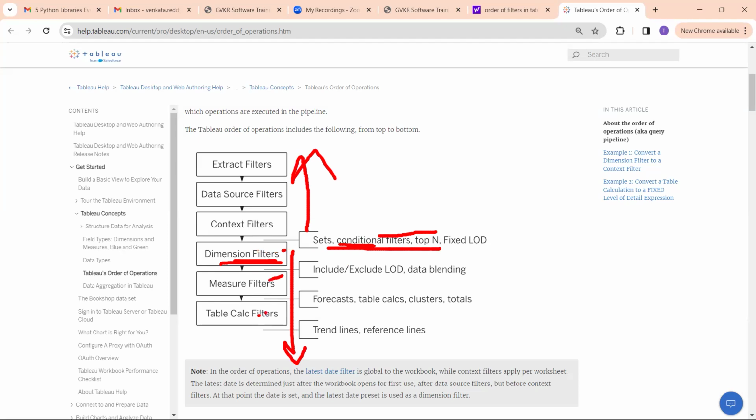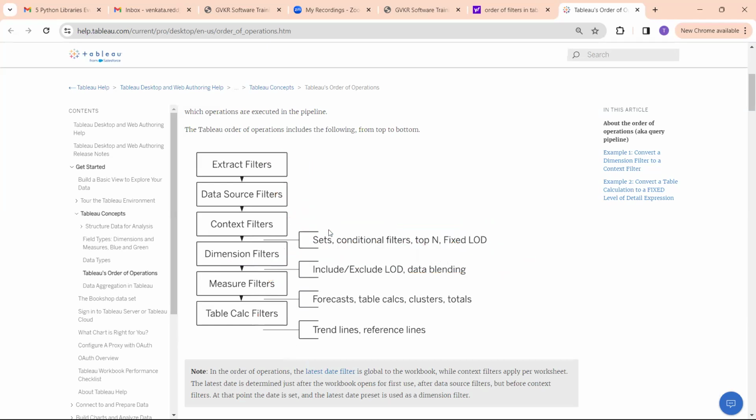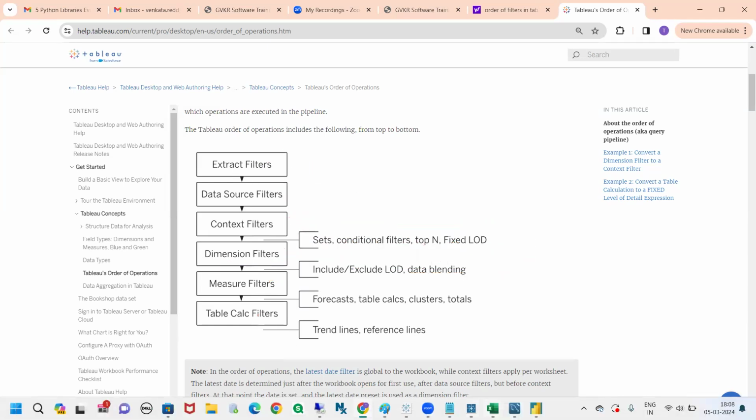So fixed LOD, top option, condition option, and sets will depend upon the context filters, data source filters, and extract filters only. So it is very important for you to remember this order of filters in Tableau. Okay.